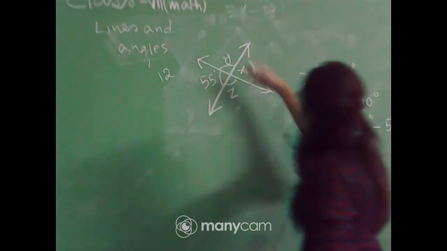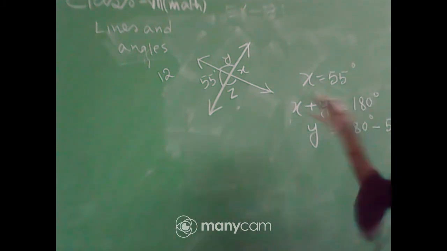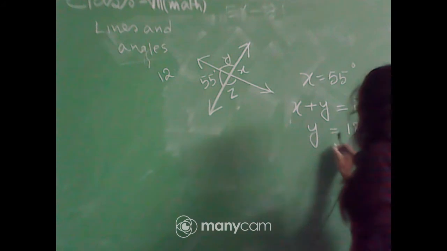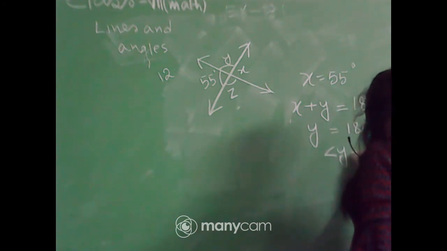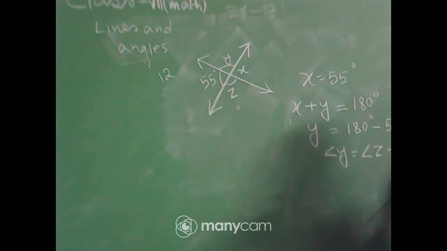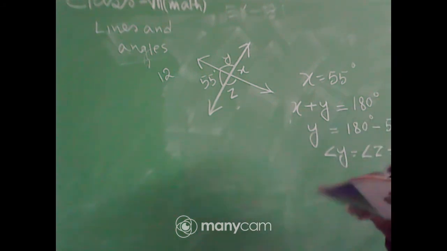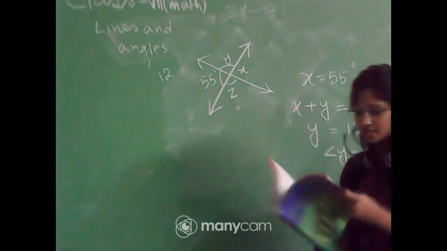Also, angle y and angle z are vertically opposite angles, so they are equal. Therefore, angle z is equal to angle y is equal to 125 degree. Next.